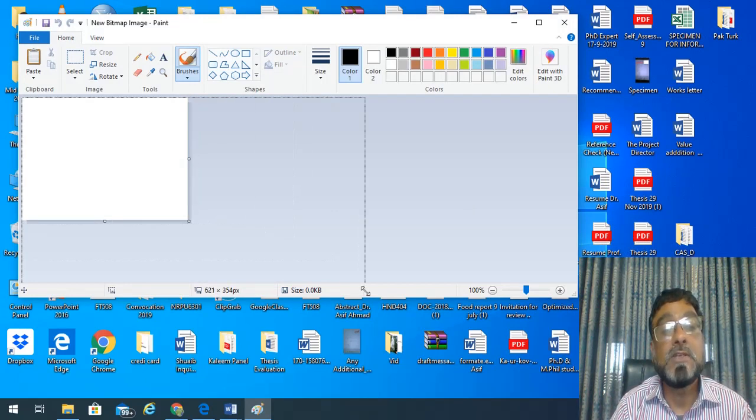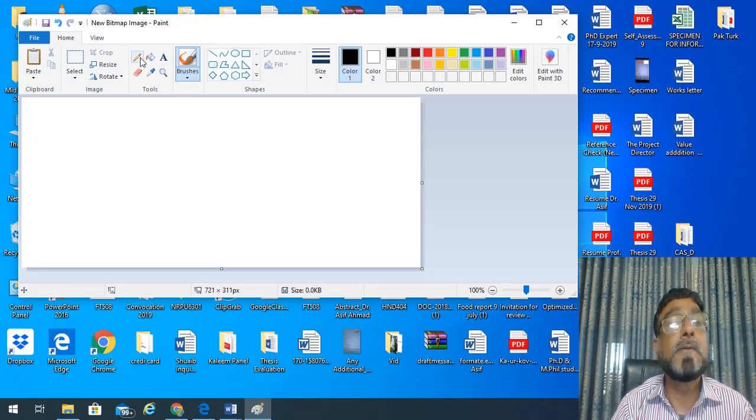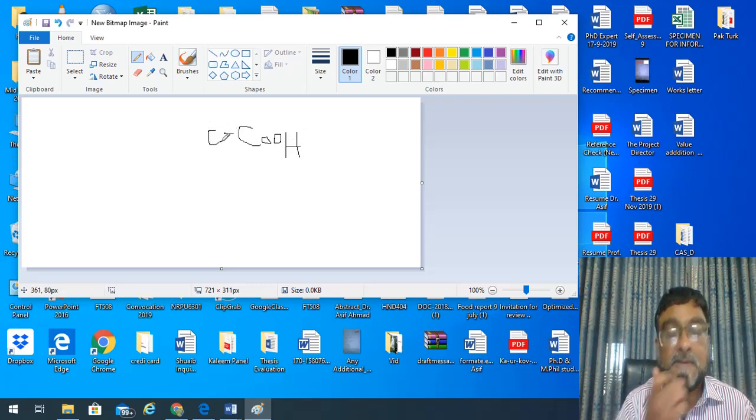On one end of each amino acid there is a carboxylic end, and this is the alpha carbon, and on the other end there is the amino group.